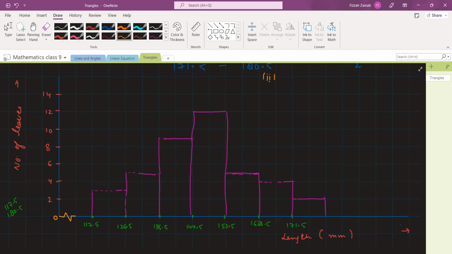Bar graph obviously cannot be drawn because this is continuous data. So the second suitable is frequency polygon. You can write the complete sentence that the other suitable graphical representation for the same data is a frequency polygon.